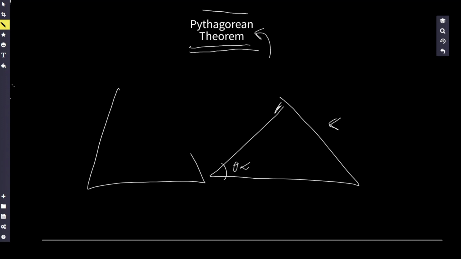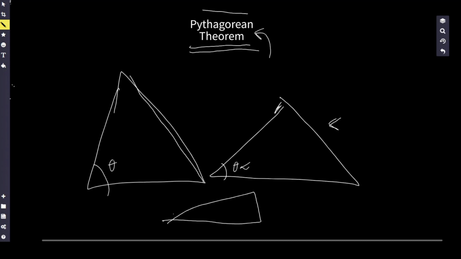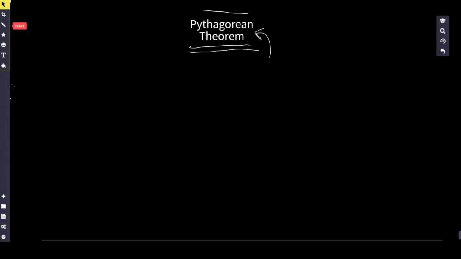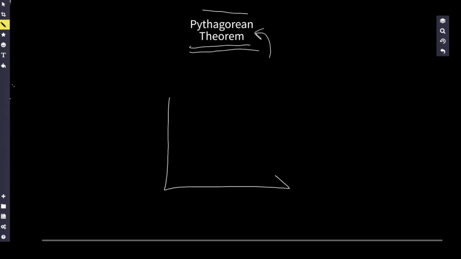If that angle is very big, that side length is going to be very big as well. But if the angle is very small, that side length is going to be very small. So the side of any triangle corresponds to how big that opposite angle is.